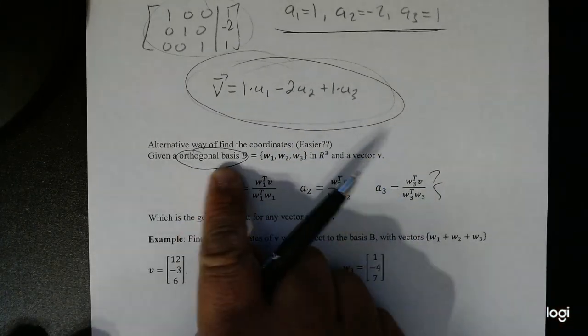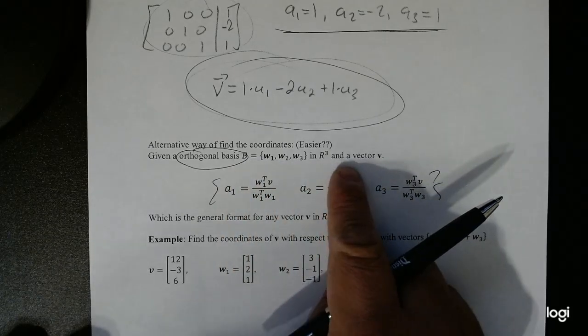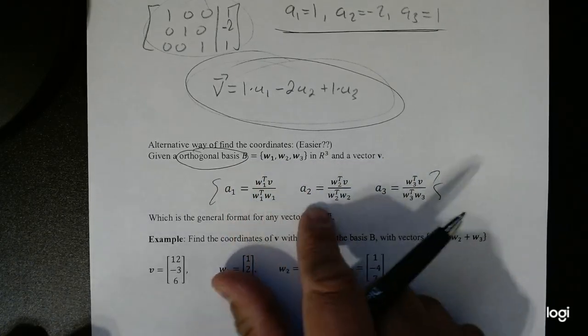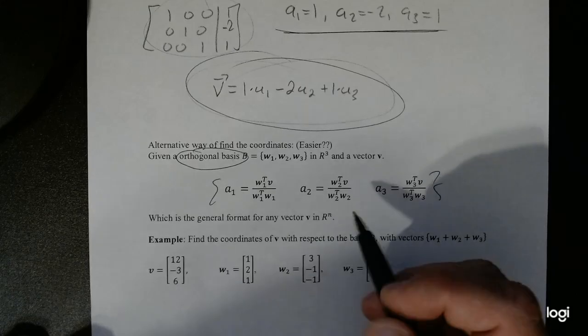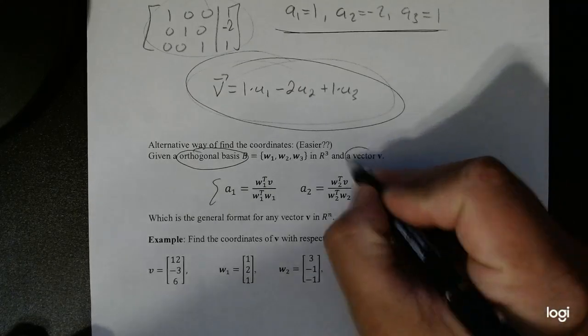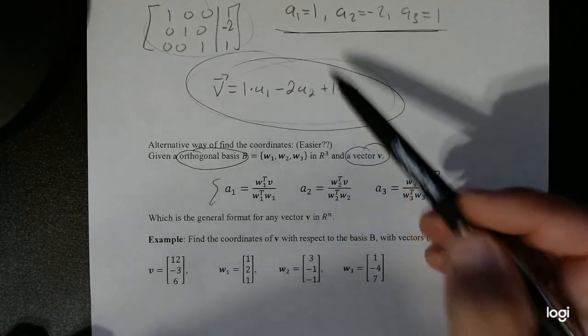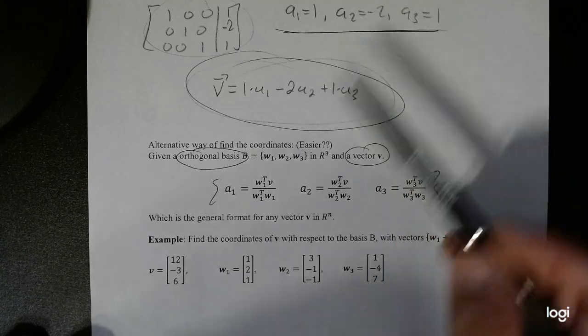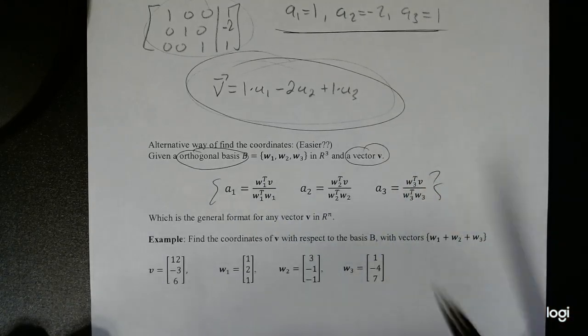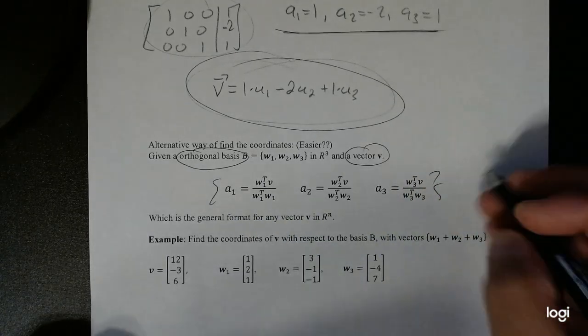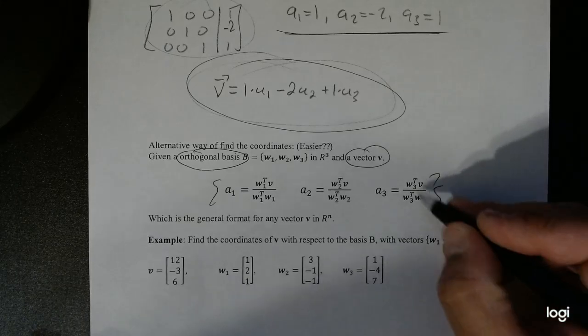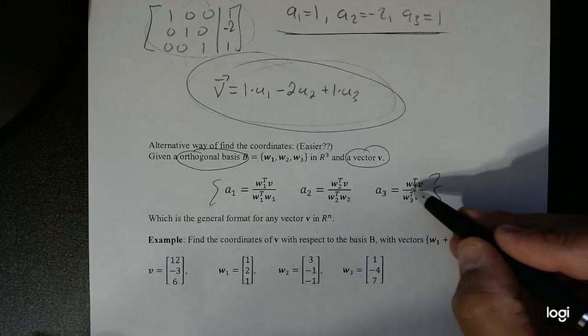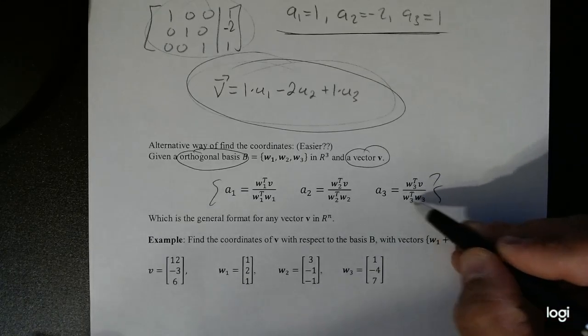So given an orthogonal basis in R3, and we'll just go in R3 because in R2 you could just drop them down 1 degree. Okay. And a vector V. So therefore the actual values A1, A2, and A3 are broken down into these type of situations. And it keeps going continuously, right? Like A4 will be following the same pattern as this one. They will use W4, V, W4, W4, right?